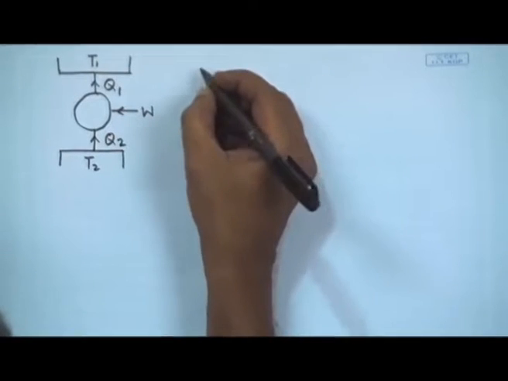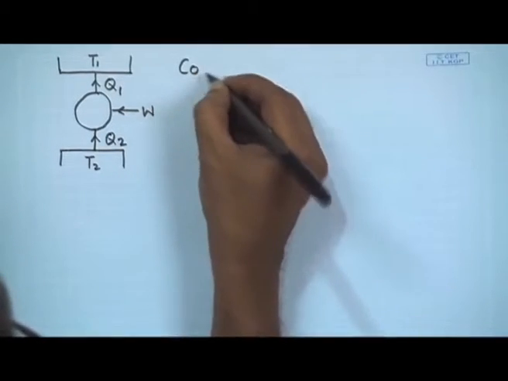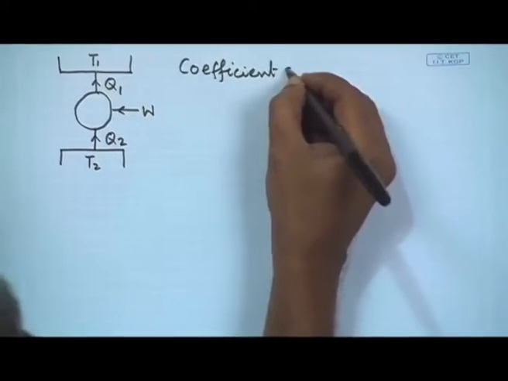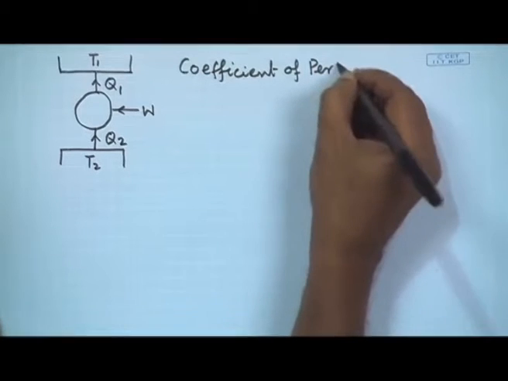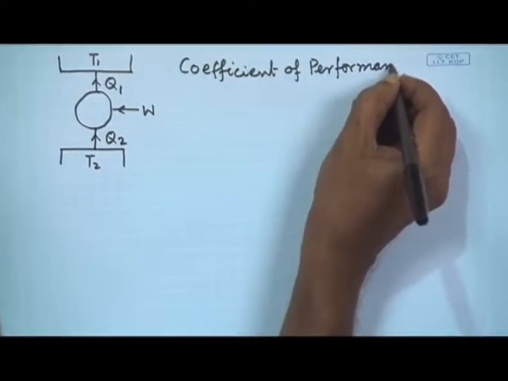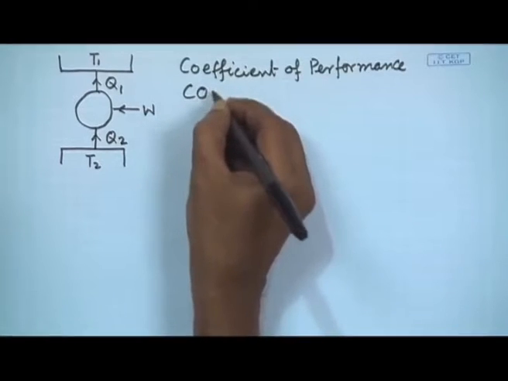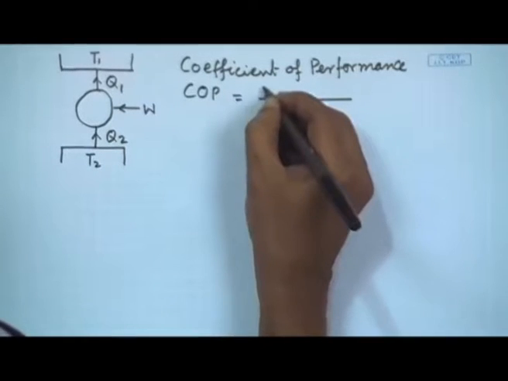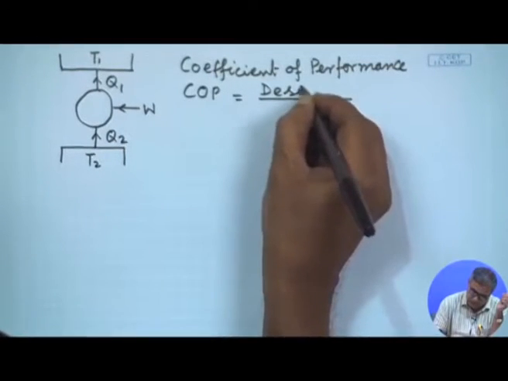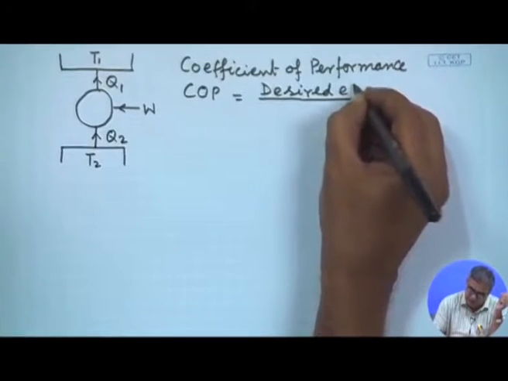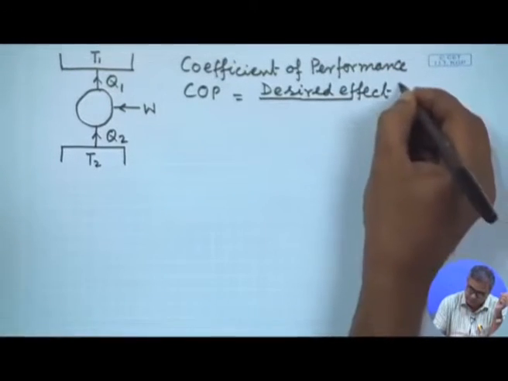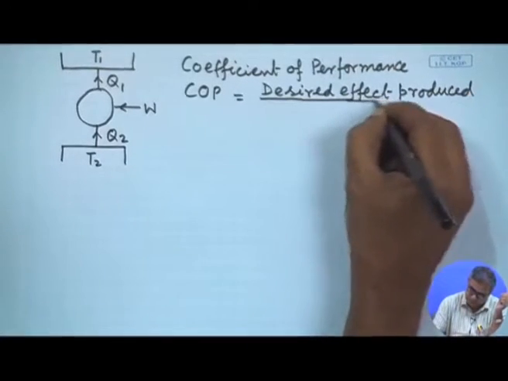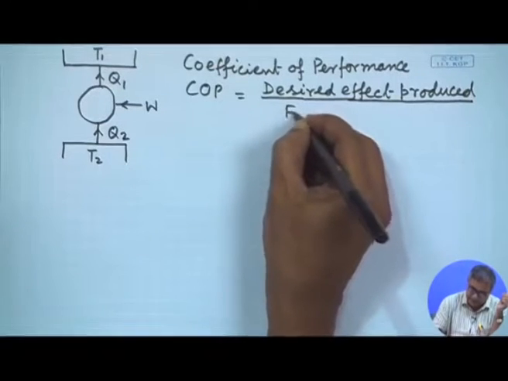So, we are defining the coefficient of performance, we call it COP. It is defined as the desired effect produced by the energy supplied.